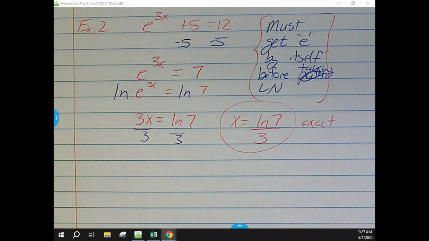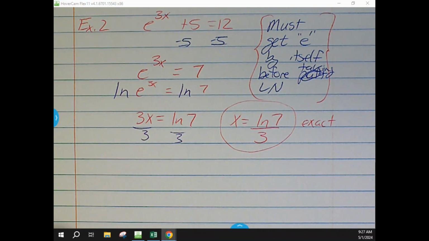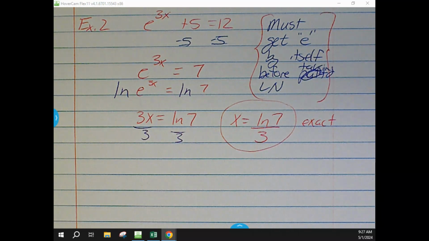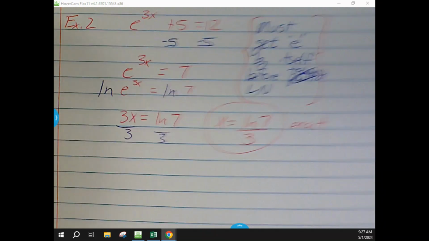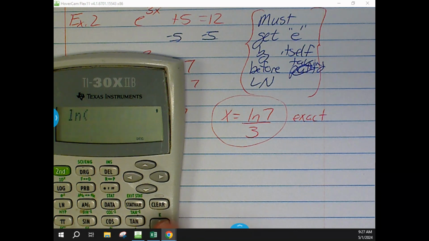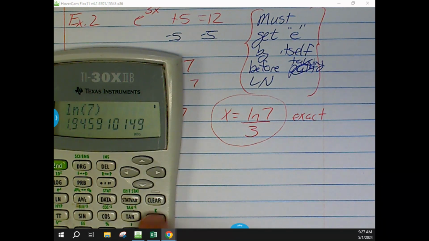Okay, all right, here's what I need to do. Everybody take your calculator. Practice on that one. See what you get when you plug that in with the calculator. See if everybody gets the same answer. Okay, so if we go ln of 7, again, make sure you close that number off first and then divide it by 3.